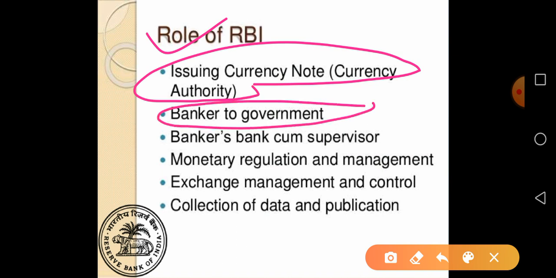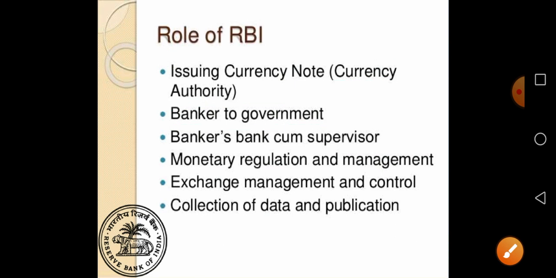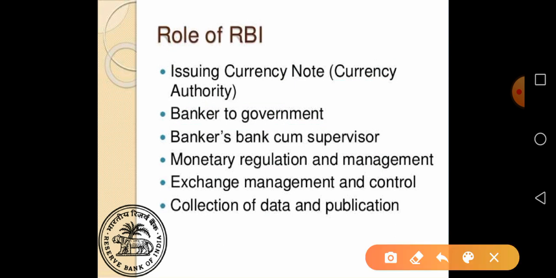The role of RBI is issuing currency notes, coins, etc. in the country. They also act as banker to the government. The government requires money for its day-to-day work, for paying bills and for project work.